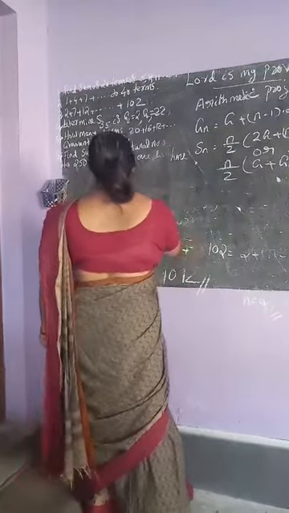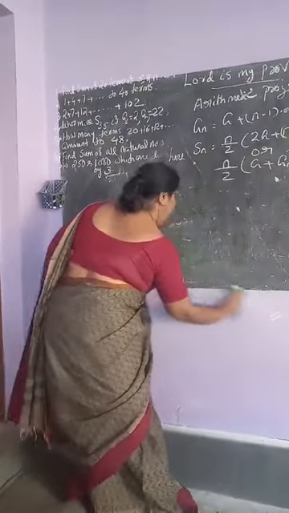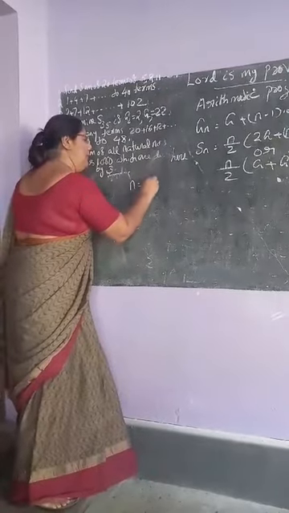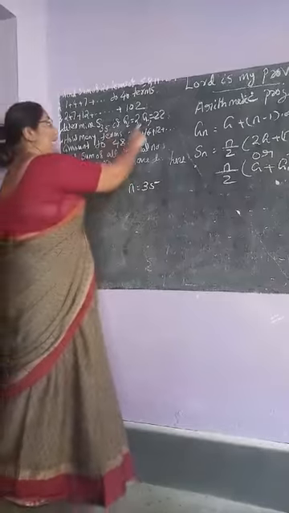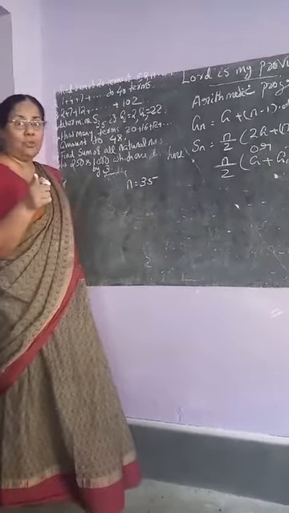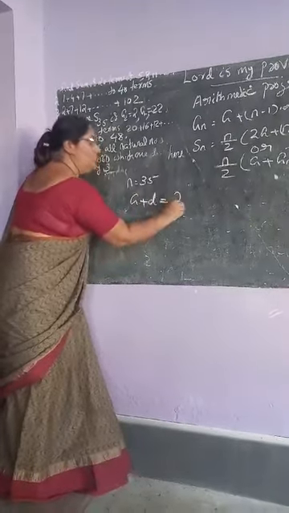Okay. Next type is, read the next question. Determine S35. Determine S35 means n is equal to 35. But a2 is 2 and a7 is 22. A2 means a plus d is equal to 2.